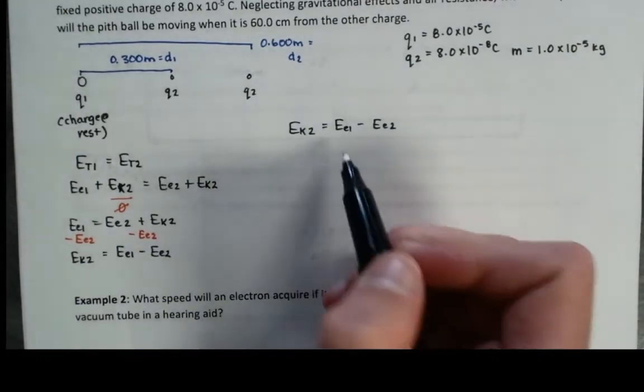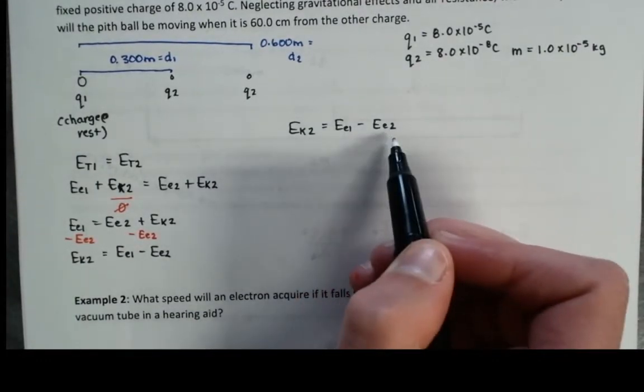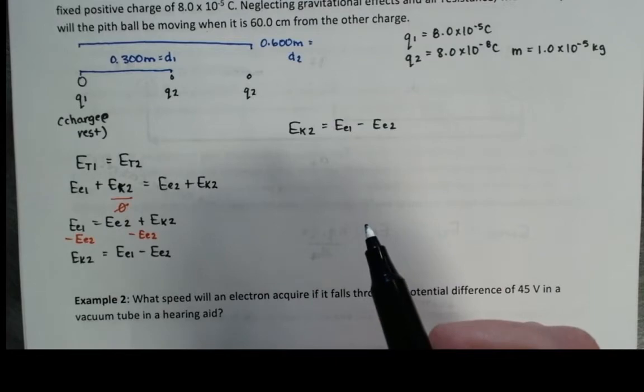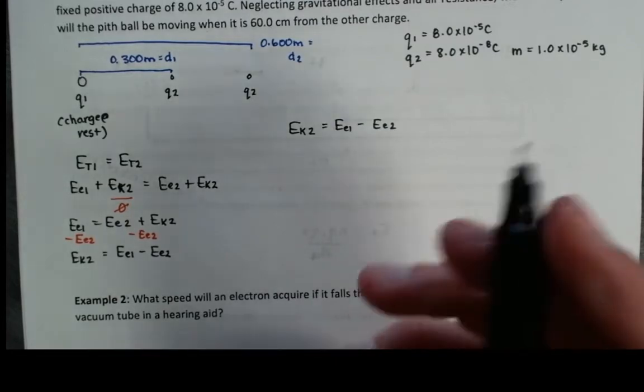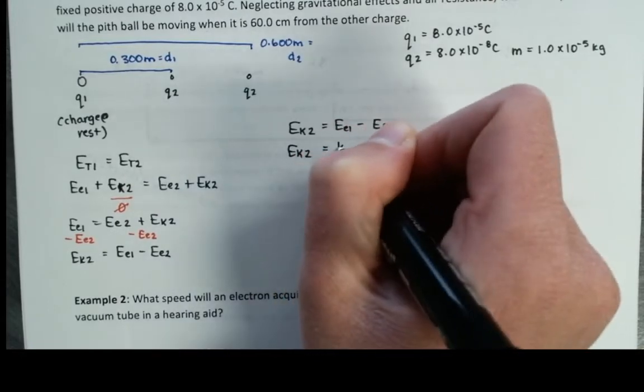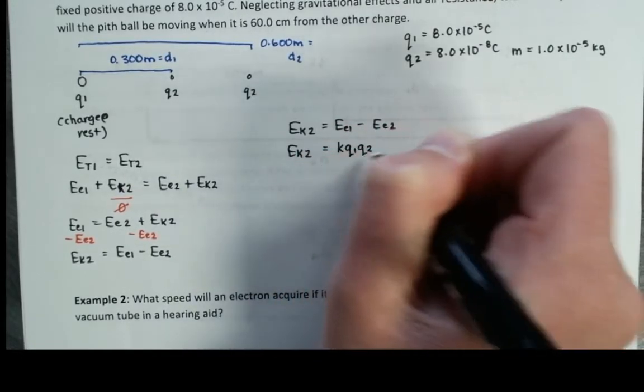We can individually replace both of these with our equation for electric potential, which is K times Q divided by D for both of them. So I'm going to leave this as EK2 for now, so that we don't have too many letters happening.